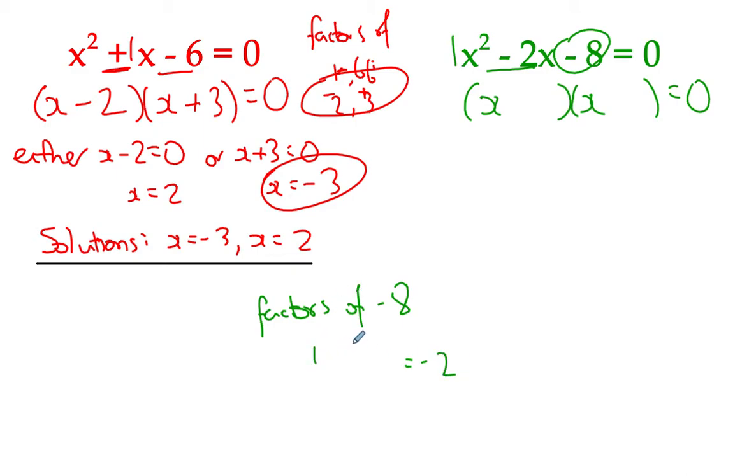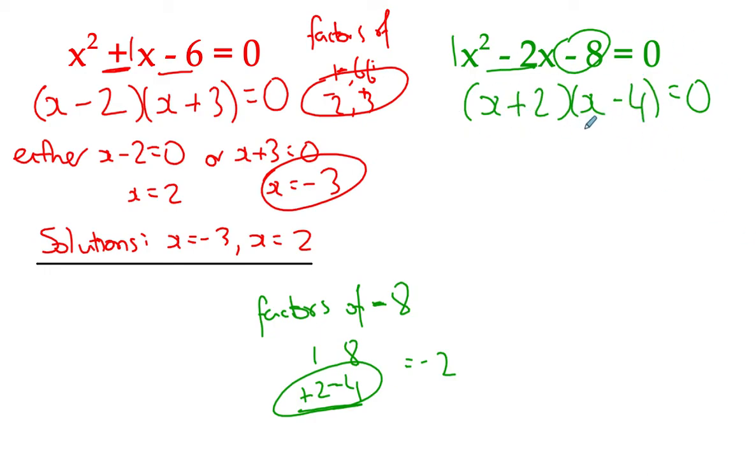So 8 is going to be 1 and 8, or 2 and 4. Because it's negative, we've got to put a minus sign in front of one of them, and the answer's got to be negative 2. So that's likely to be negative 4 and positive 2, and there's my answer. Positive 2, take away 4 is negative 2, so I've got plus 2 here and minus 4.